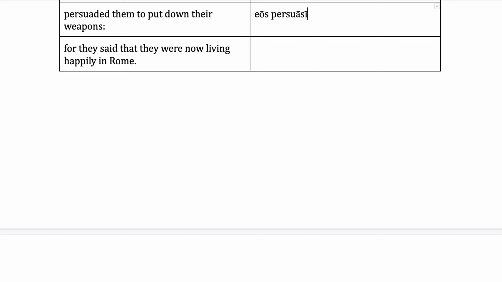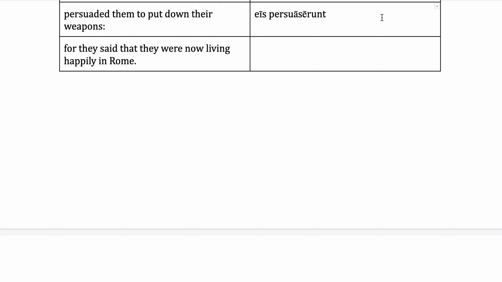So just run through those perfect tense endings in your mind. I, isti, it, imus, istis, erunt. Okay, but then there's also another important thing to remember about the verb persuadeo, which is that it takes dative instead of accusative. So therefore we can't have eos, we need to have the dative plural of that pronoun, which is eis. So eis persuaserunt.